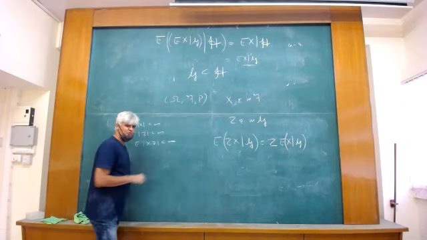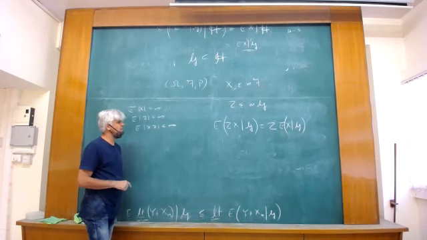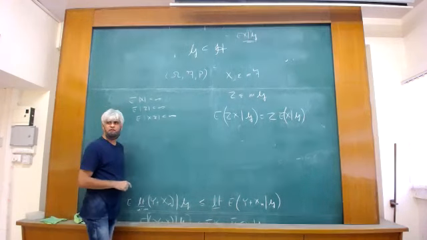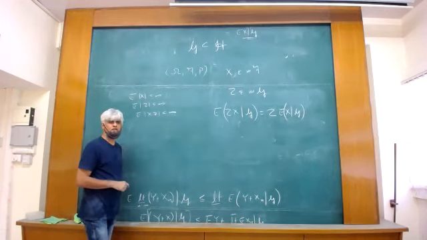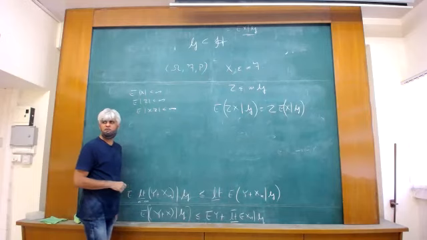Okay, let's see how to prove this. Proving is not so straightforward. You use some kind of standard machinery. We'll assume to begin with that both Z and X are non-negative, and we'll prove it for that.